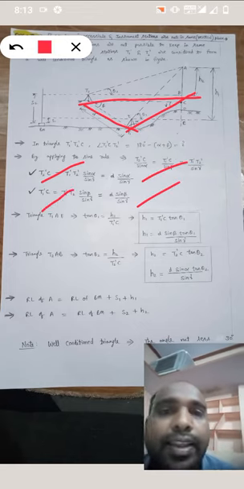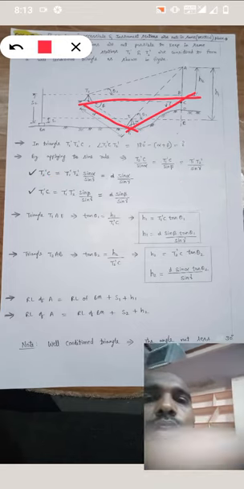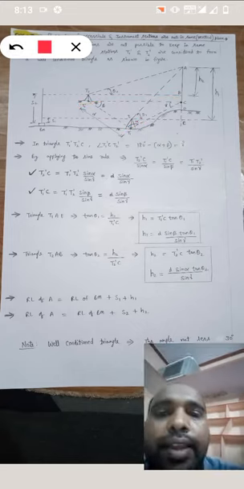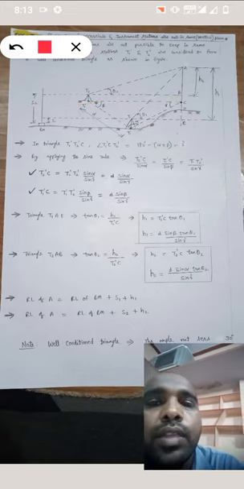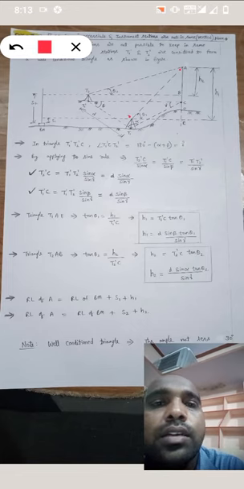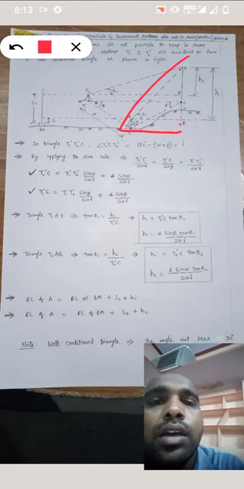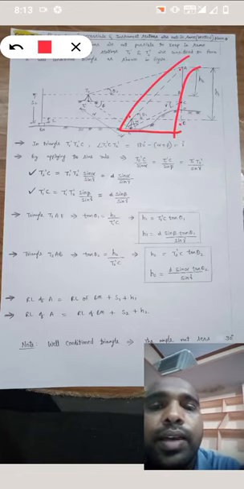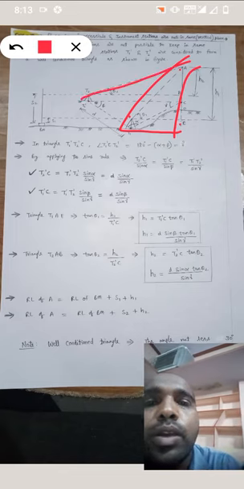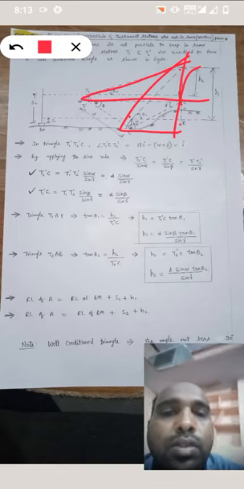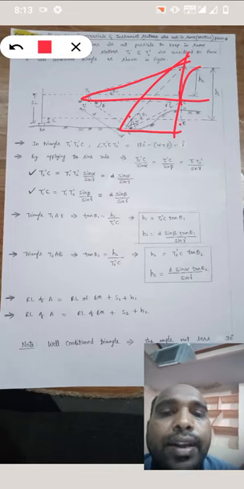From triangle T1 A E, next from triangle T2 A B, we are finding tan theta equal to opposite by hypotenuse.